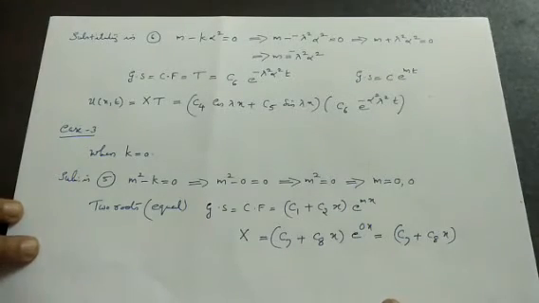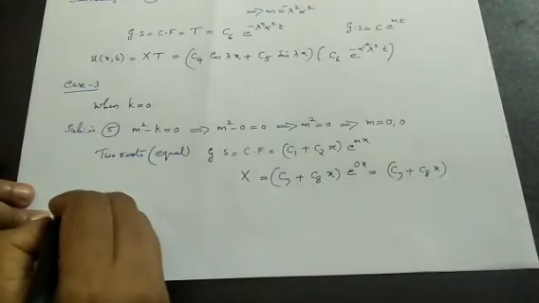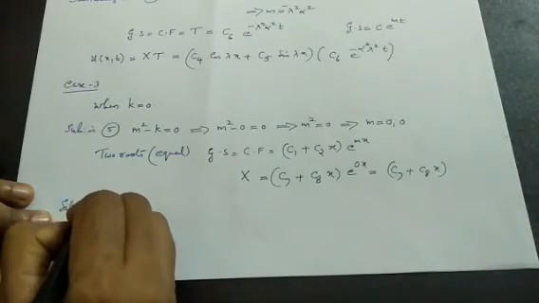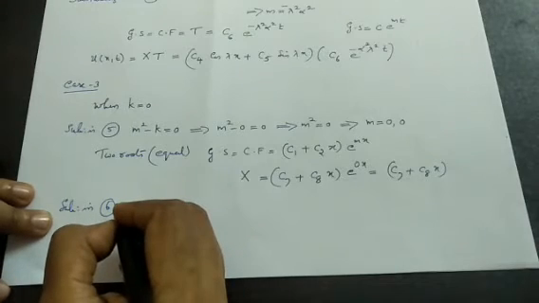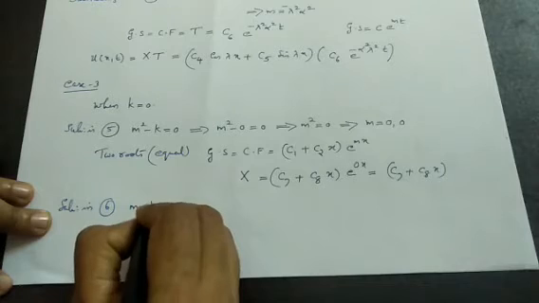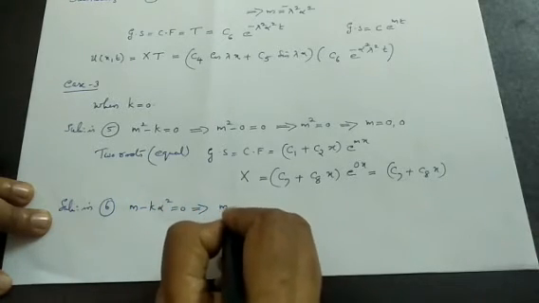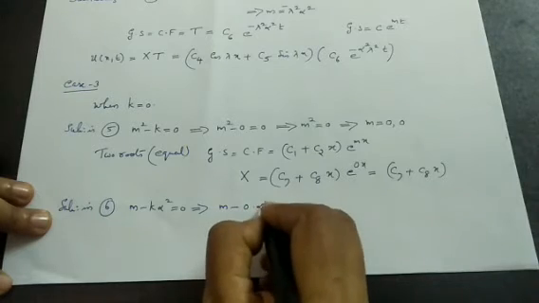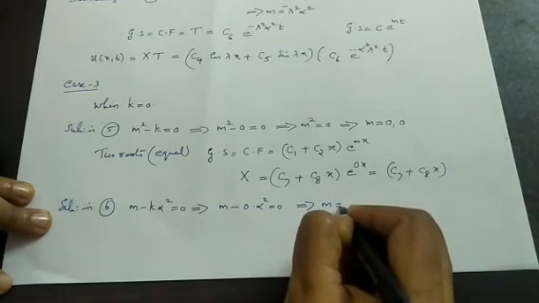Now substituting in equation number 6 to obtain the solution of T, that is m minus k alpha square equal to 0, which implies m minus 0 into alpha square equal to 0, which implies m equal to 0.